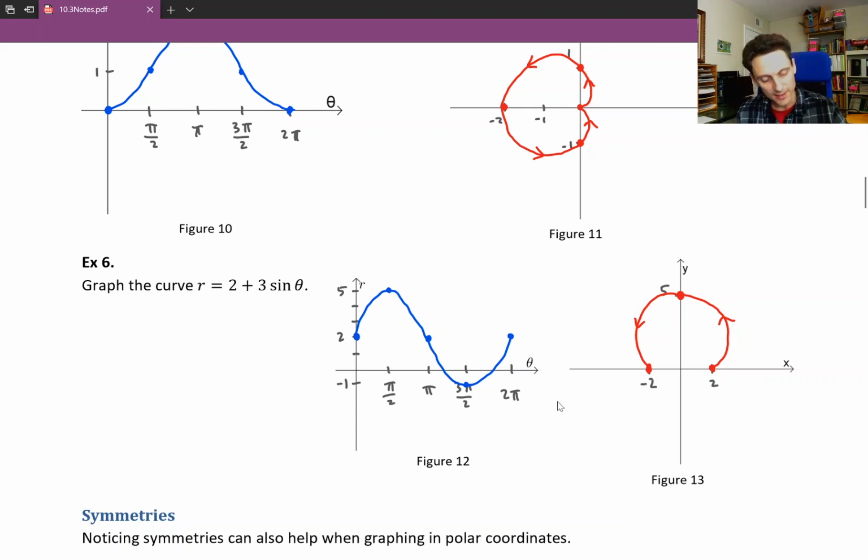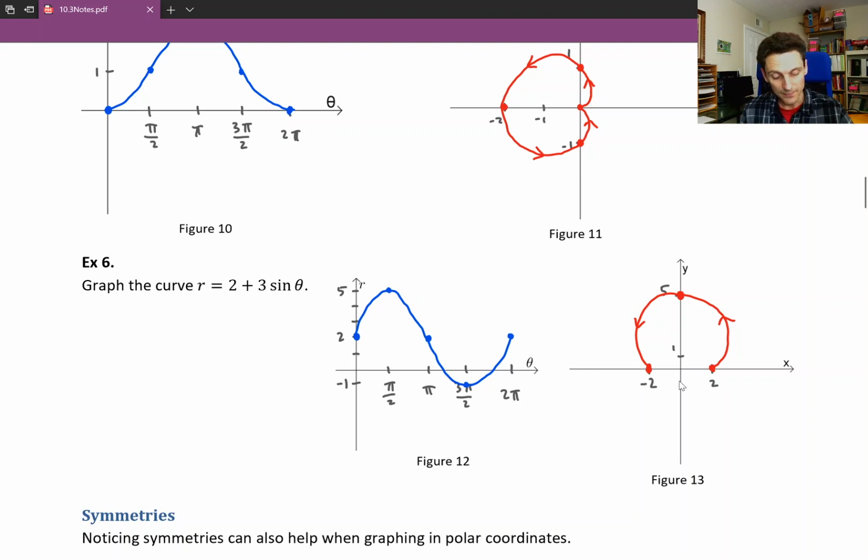So let's see where we're going to end up actually. If we have a theta of 3 pi over 2 and an r value of negative 1, where is that going to be? If you said that's going to be here at 0 comma 1, then that would be correct. It's kind of strange to think how an r value of negative 1 would correspond with a y value of positive 1.